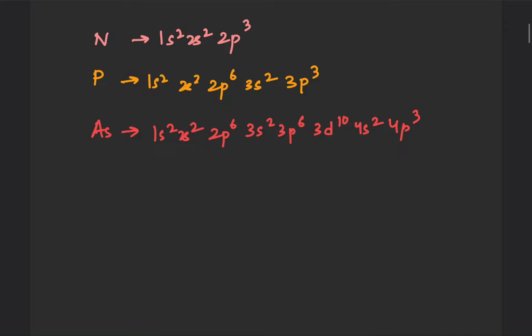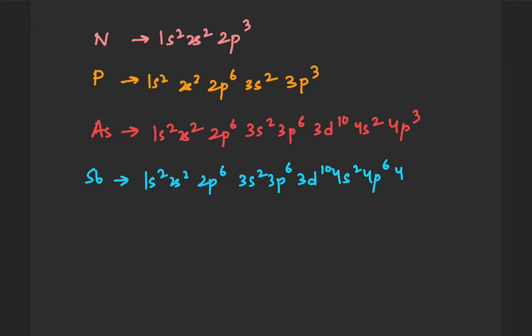Then we have antimony: 1s2, 2s2, 2p6, 3s2, 3p6, 3d10, 4s2, 4p6, 4d10, and then 5s2, 5p3.